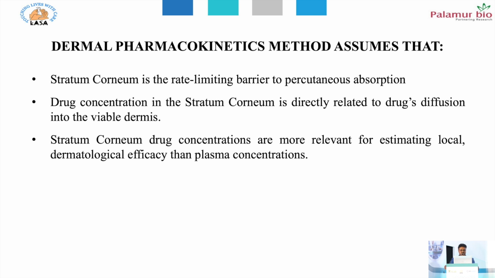And stratum corneum drug concentrations are more relevant for estimating local dermatological efficacy than plasma concentration. So, as I mentioned previously, the drug's concentration at stratum corneum is important rather than administering at the systemic level.